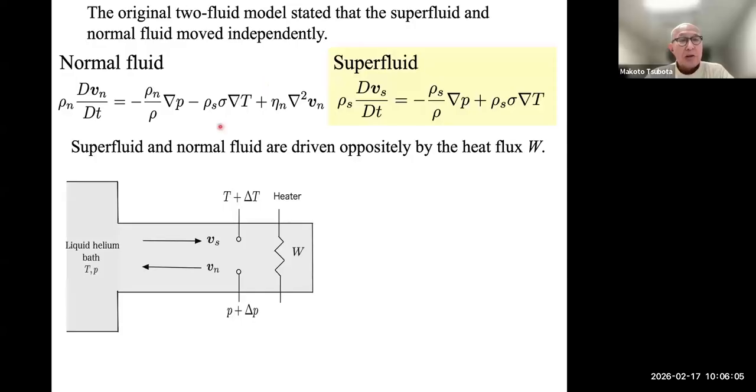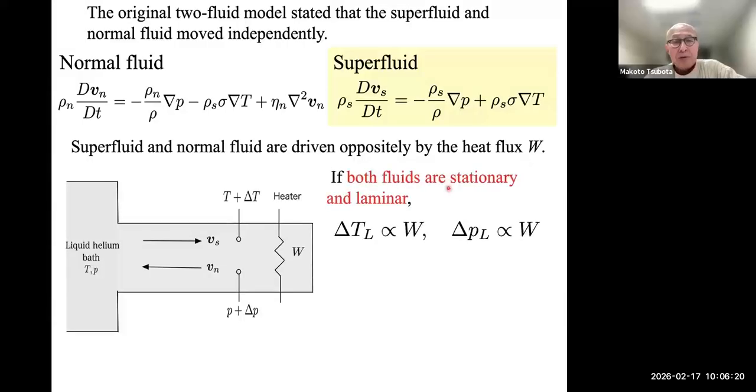The normal fluid is supposed to obey the Navier-Stokes equations, and the superfluid is supposed to obey the Euler equations. These two fluids are driven oppositely by the heat flux W.